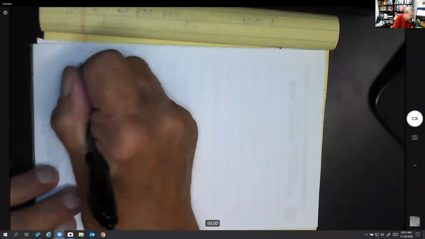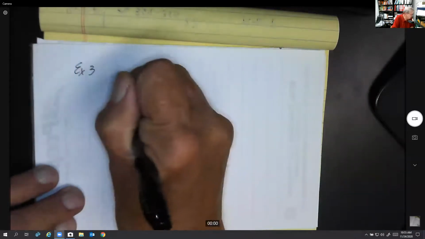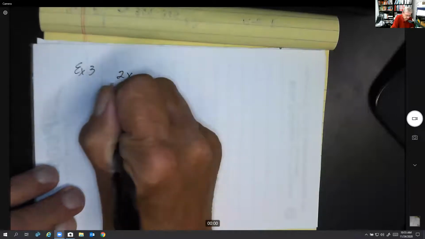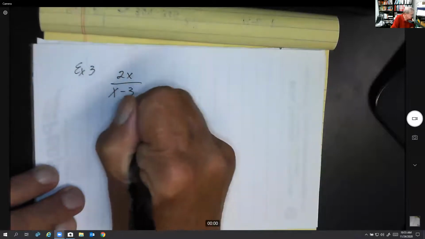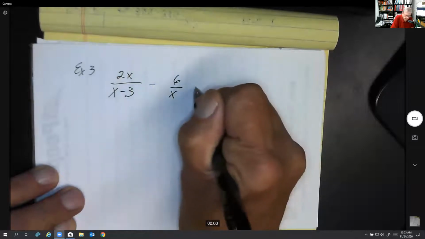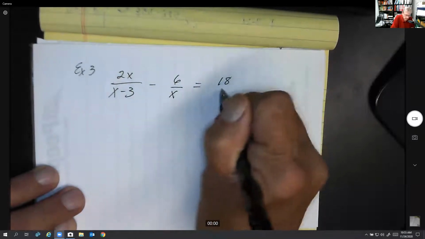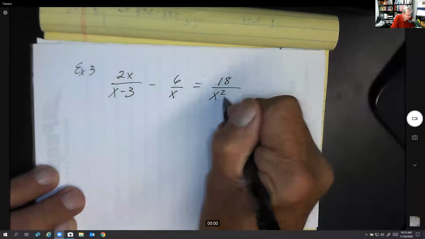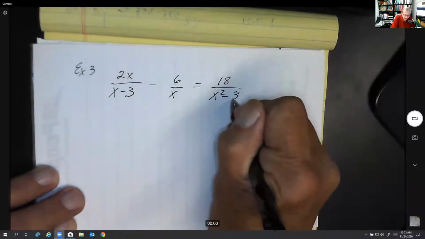Okay, this one looks really complicated. Example 3. 2x over x minus 3 minus 6 over x equals 18 over x squared minus 3x.